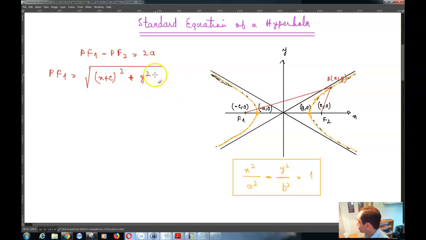And PF2, using again this distance formula, is going to be X minus C whole squared plus Y squared.